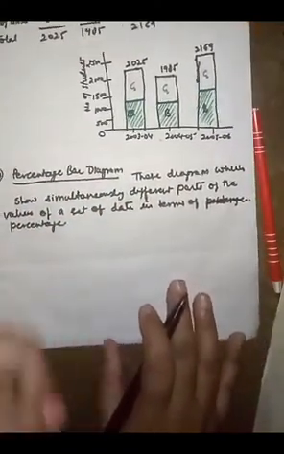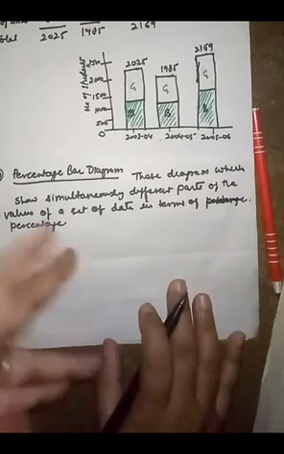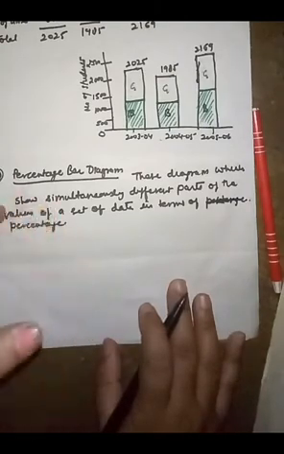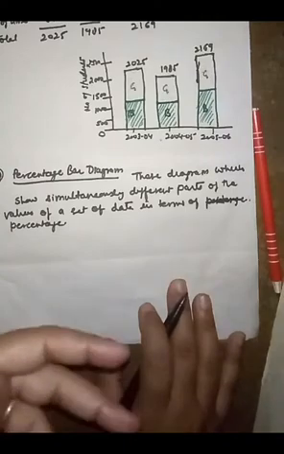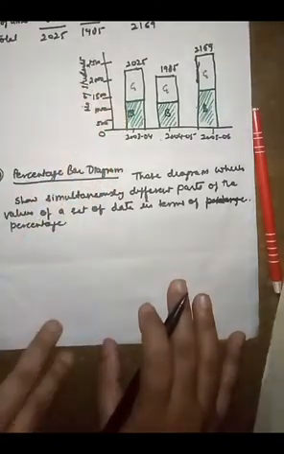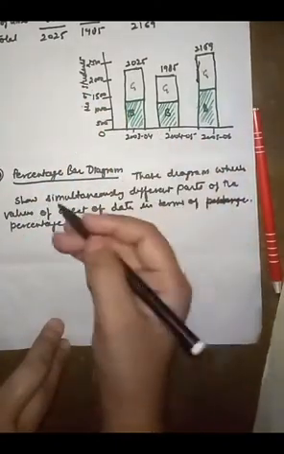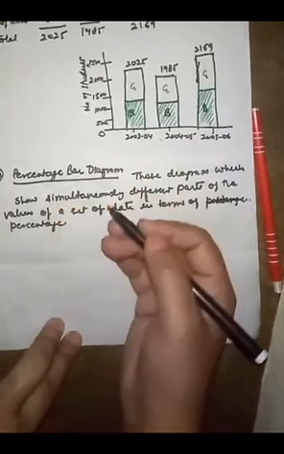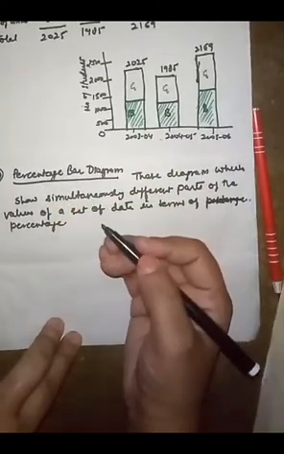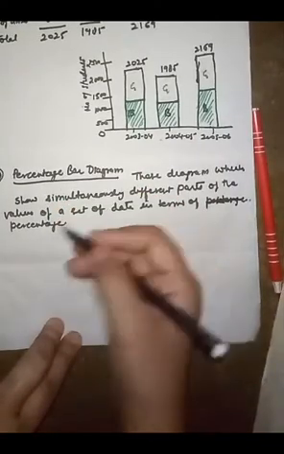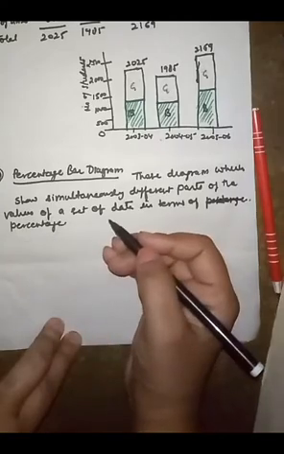See friend, if data is already given in percentage form, then you draw the percentage bar diagram just like a subdivided bar diagram. But if data are not given in percentage form, then you convert the data into percentage.